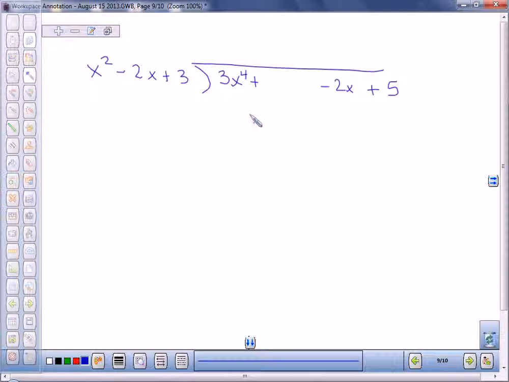Okay, so let's look at the first one. What does that give me? 3x squared. So that is 3x to the 4th minus 6x to the 3rd plus 9x squared.